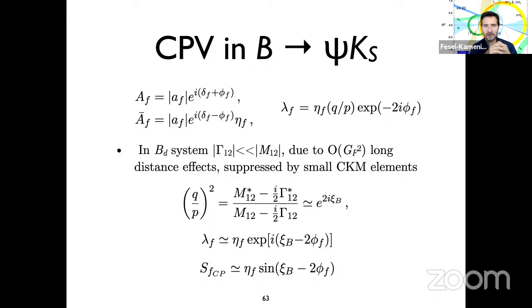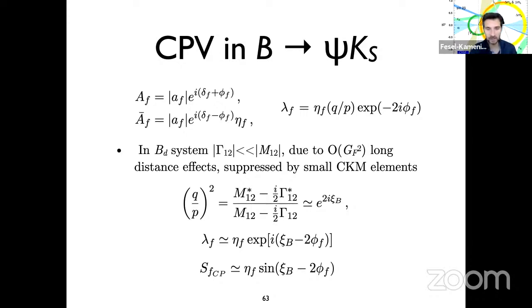And then in the case of measuring CP asymmetries or CP violation in neutral B meson decays to CP eigenstates, for example, one CP eigenstate which is used to measure the angle beta in the CKM triangle is the final state J/psi K short, which is a CP eigenstate. In this case, one can parameterize A_f and A bar f in terms of a single amplitude, since these decays are dominated by a single decay amplitude.